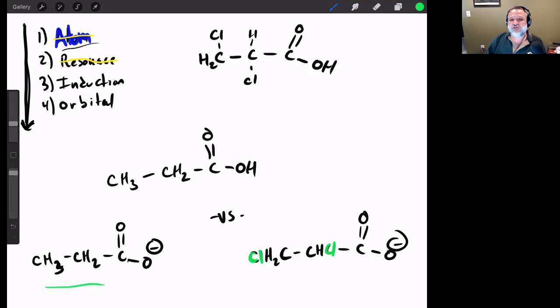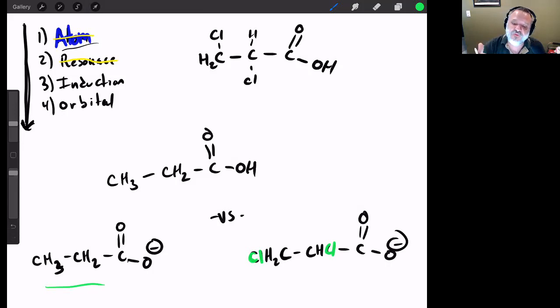And so the basic idea is that we're going to use the same concept from resonance, right? The more delocalized the negative charge is, the more stable it is. Now, we're not going to be able to show induction with arrow movement and pushing of electrons. We have to just invoke in our minds this concept of electronegativity. In the species on the left, yes, the negative charge is delocalized between the oxygens.